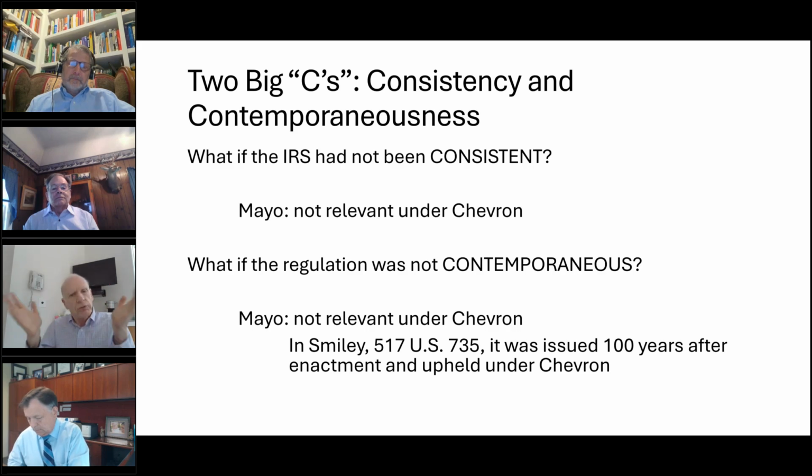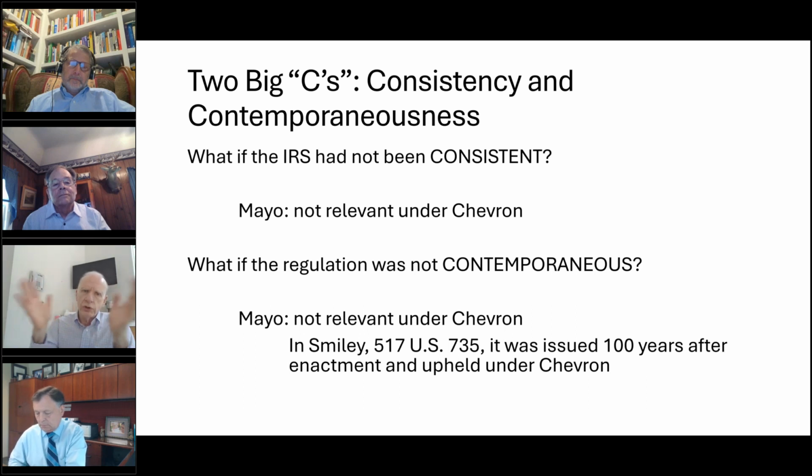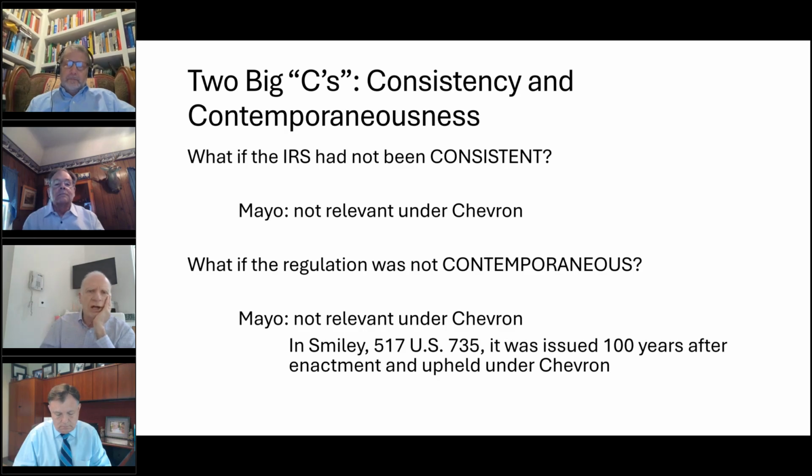Well, under Chevron, that was permitted as long as the statute was ambiguous, step one, and in step two, the agency's resolution of the ambiguity was a reasonable one. And as I say, it was very difficult for taxpayers to win under step two. Once they got over step one, the court determined the statute was ambiguous, the regulated party or the taxpayer in the tax world was going to lose in probably almost every case. Okay, let's change slides.